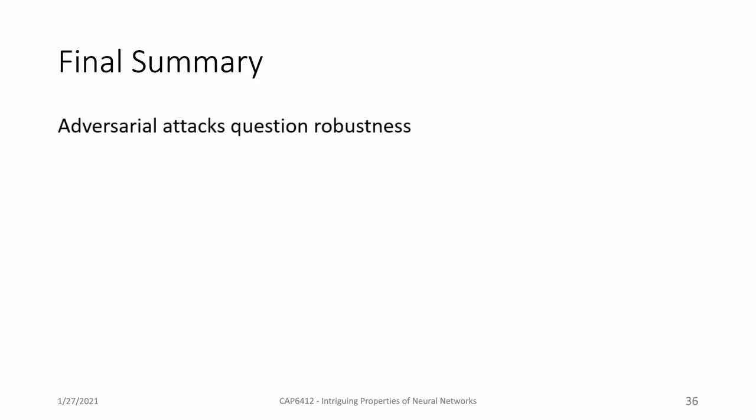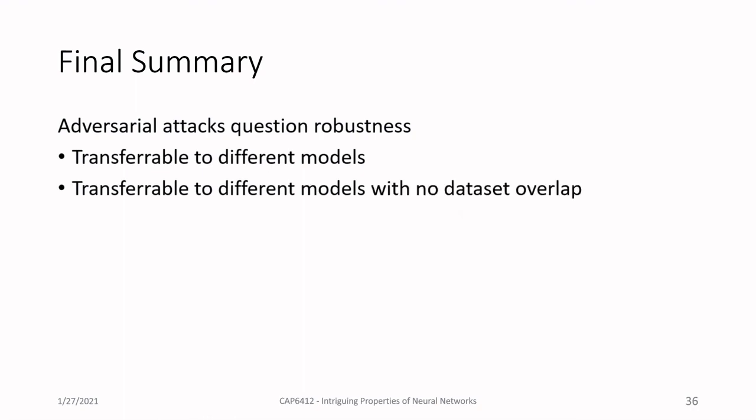So to summarize what this presentation has gone through, this paper has concluded that the adversarial attacks question the robustness of these classification networks, and that these attacks are transferable to different models. And furthermore, they're transferable to different models that haven't been trained on the same data set.